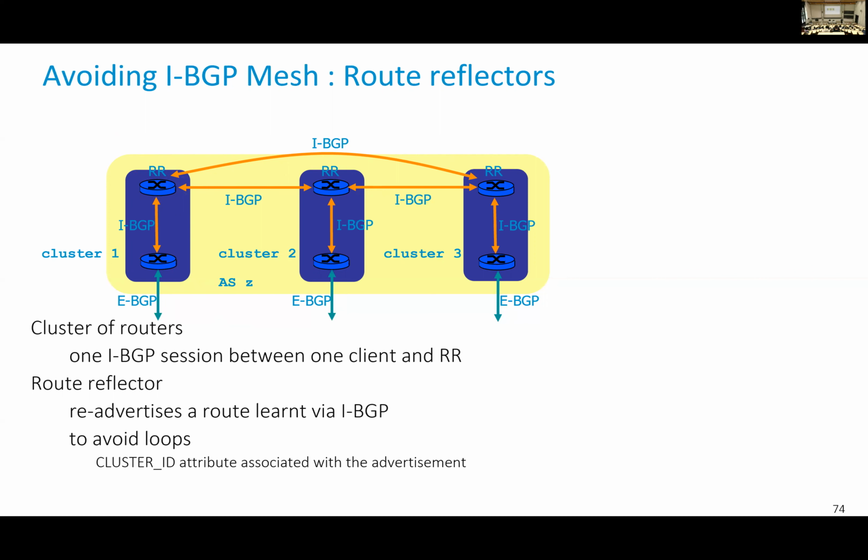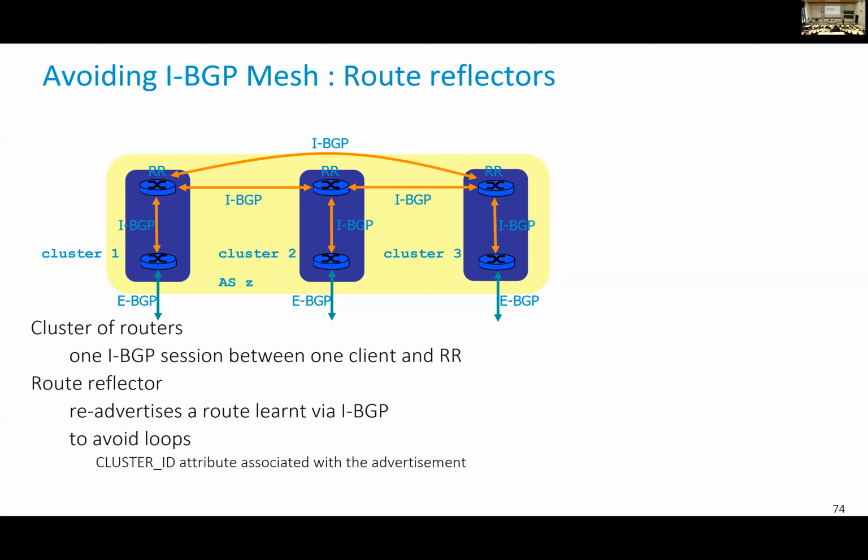From the IBGP viewpoint, when a router like this one gets a route from this one here, it will still be treated exactly as if there were a direct TCP connection from this router to that one. But there is not a direct TCP connection. In fact, the messages are simply forwarded by the route reflectors. So the route reflectors are mailboxes.